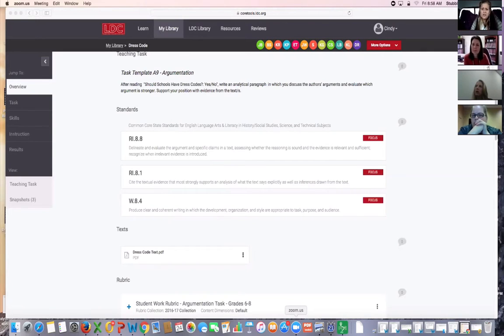But if we want to be really clear within the task, sometimes having that criteria might be helpful, such as discuss the author's reasoning in their arguments and evaluate which argument uses evidence and reasoning better. I don't know, you know what I mean? It doesn't have to be really specific, but really making it about what it is that makes it stronger, possibly. Right, so that they'll know what success is going to look like a little better.